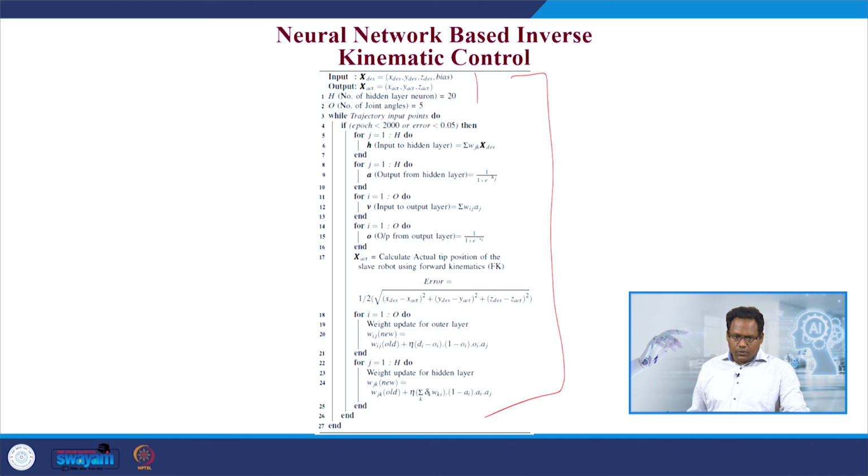The network output for the given input is basically the joint angle that is given to the forward kinematic model in order to obtain the actual network output, because we need to compare the Cartesian desired position with the Cartesian actual position of the robotic system. The error is back propagated, which is given by this expression, in order to update the network parameters, and with the updated network parameters we give another new desired Cartesian position for the robotic system to reach, and this process continues until the error is less than a tolerable value.